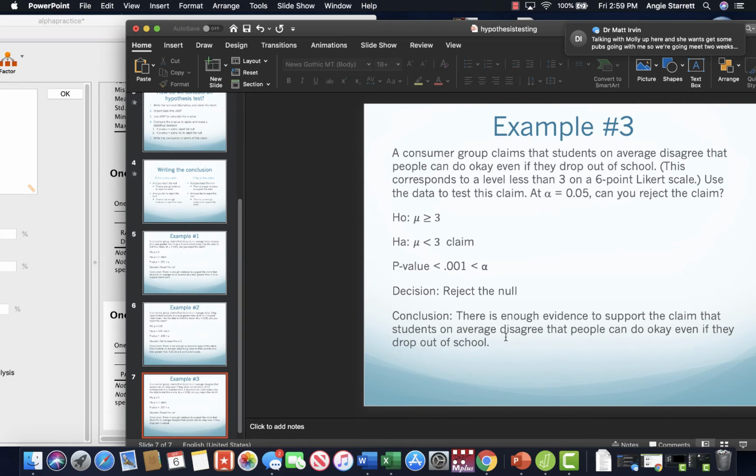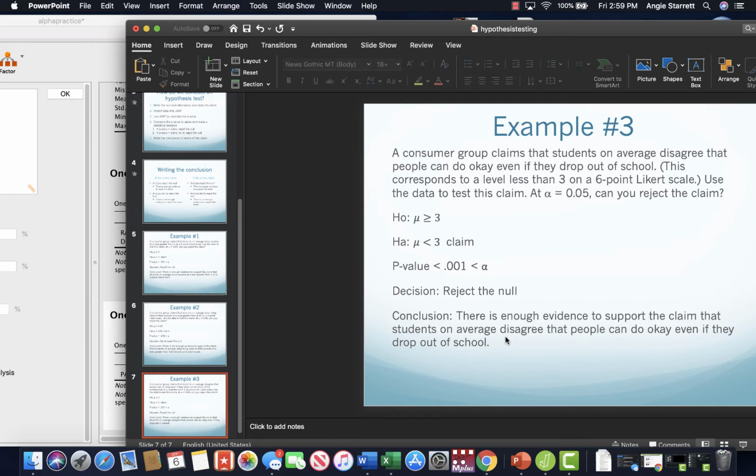So example number 3. A consumer group claims that students on average disagree that people can do okay even if they drop out of school. This corresponds to a level less than 3 on a 6-point Likert. Use the data to test this claim.